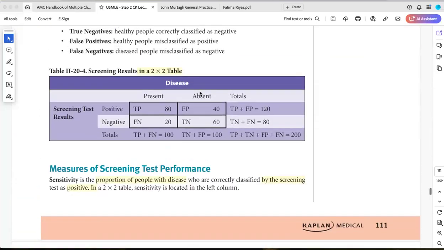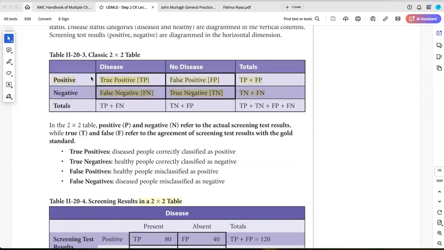So if we look over here, this top row gives us the positive predictive value of a test. So out of all the people who got a positive test, how many people were actually diseased?